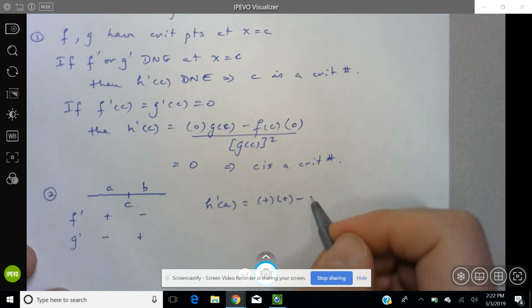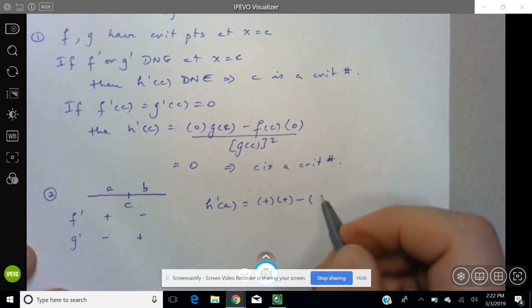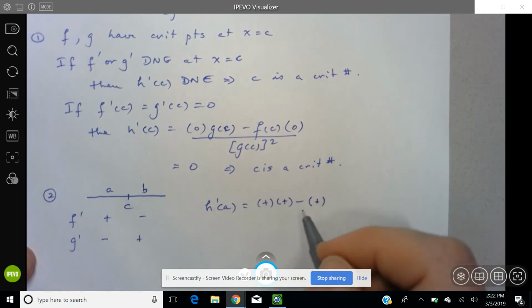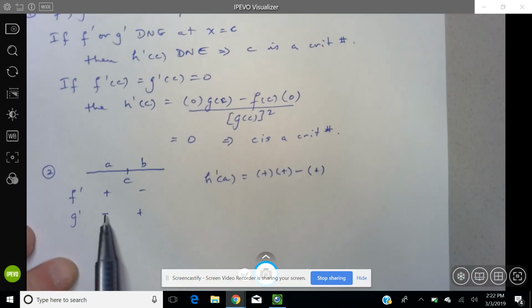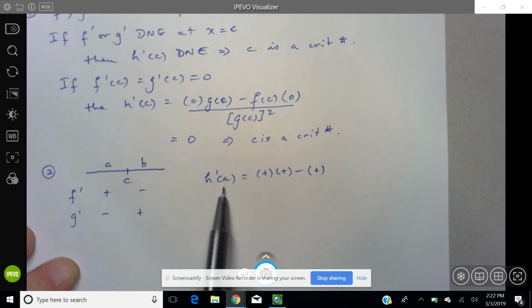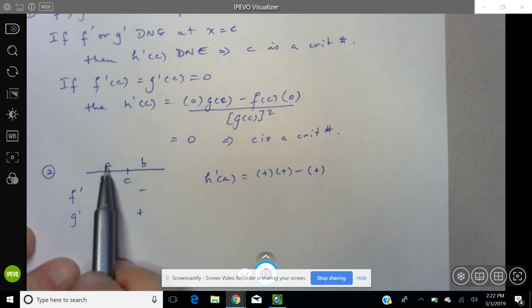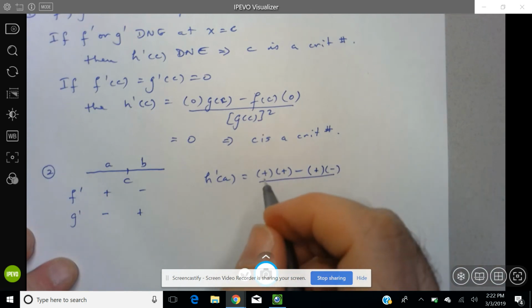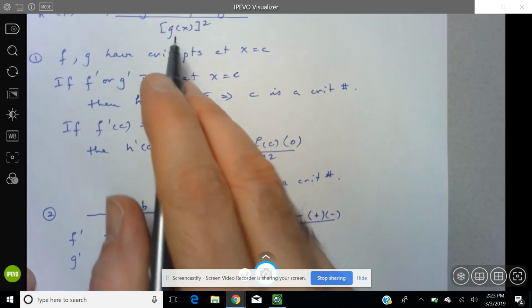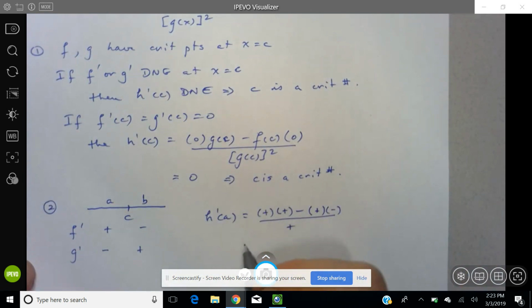Okay, minus F at A, again positive, times G prime at A. Sorry about that, because I'm working with this side here, it has to be negative. And of course the denominator is just some positive number. So what do we have here? We have a positive number minus a negative number.